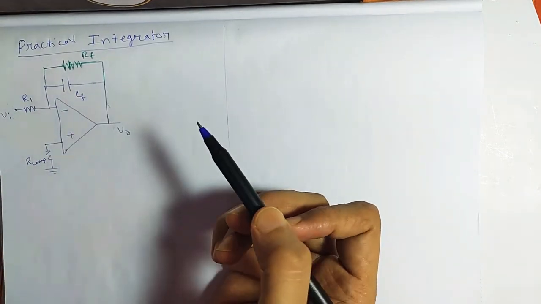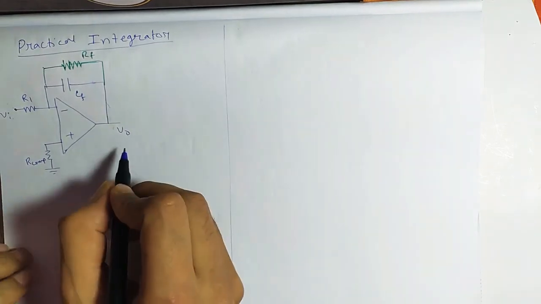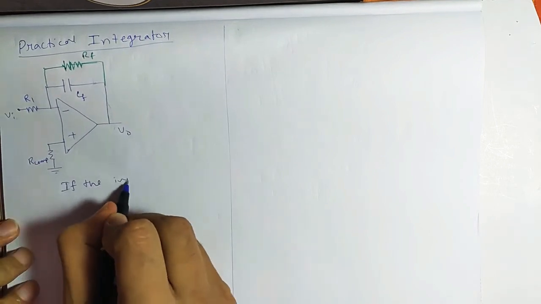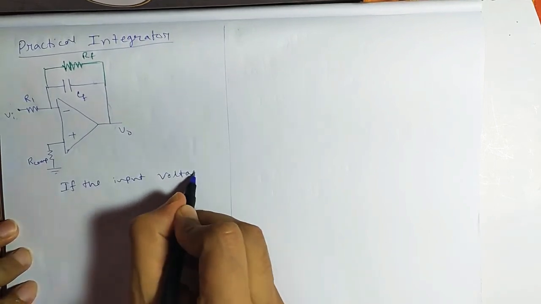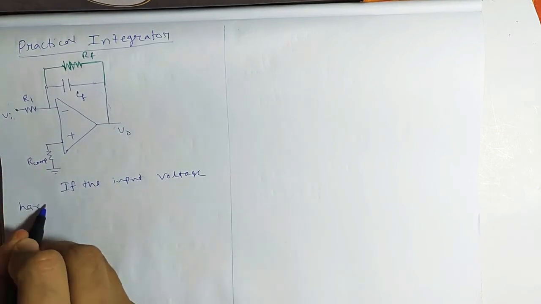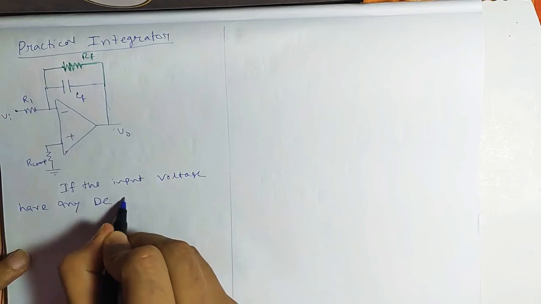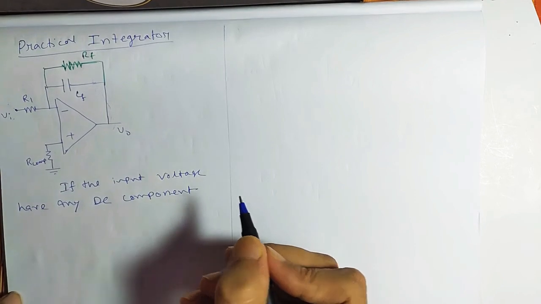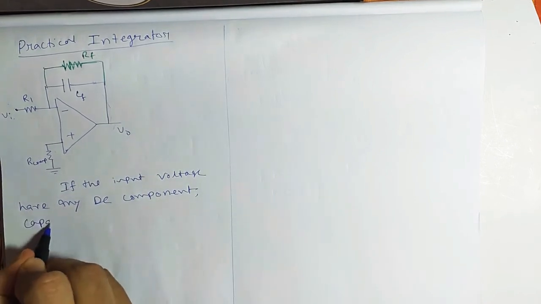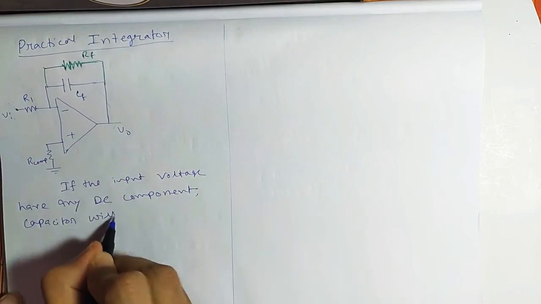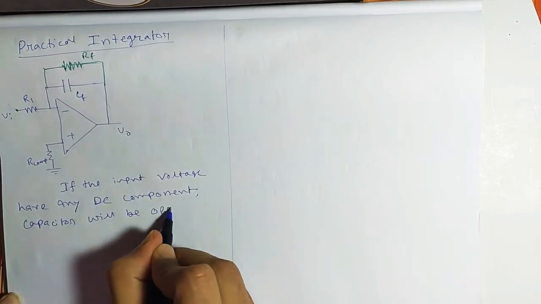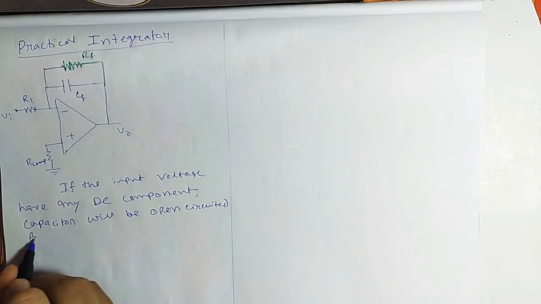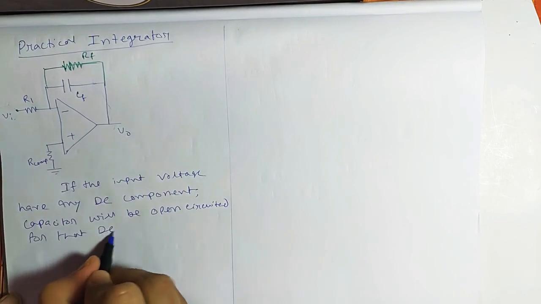So let me write these things. If the input voltage has any DC component, the capacitor will be open circuited for that DC.